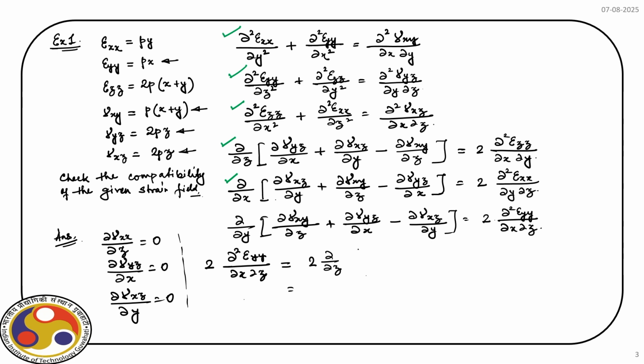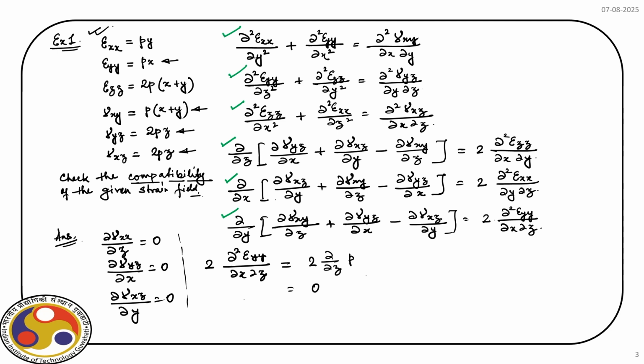So, it is p of x, that if we differentiate with respect to x, we get p, and then second time if we differentiate with respect to z, we get 0, which means the last equation is also satisfied. That means it proves the given strain field satisfies the compatibility condition, right. Okay. So, it is a valid strain field.